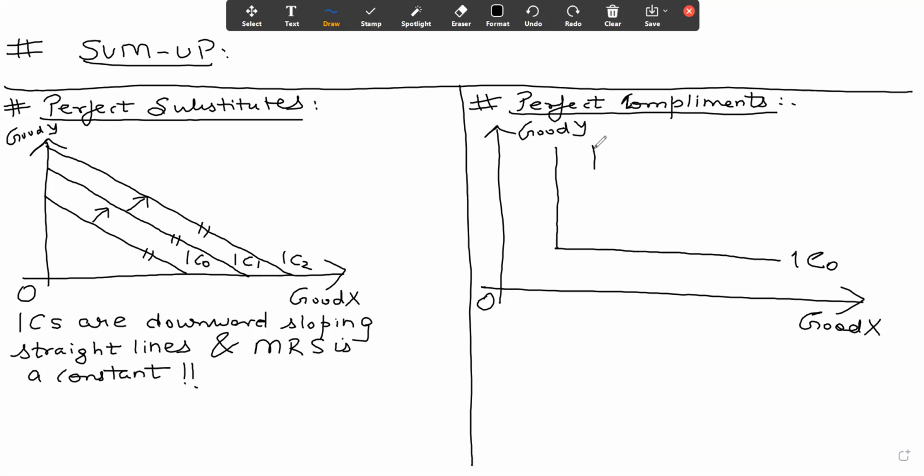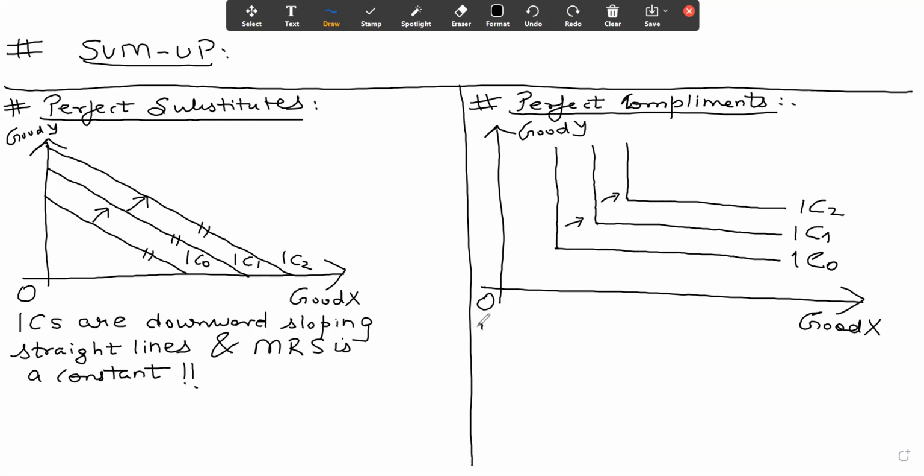Again guys, a higher indifference curve represents a higher level of satisfaction because of monotonic preferences. So this is IC1, IC2, IC3. You can clearly see that once you are on a higher indifference curve, you get a higher level of satisfaction because a higher indifference curve consists of more of both the goods.